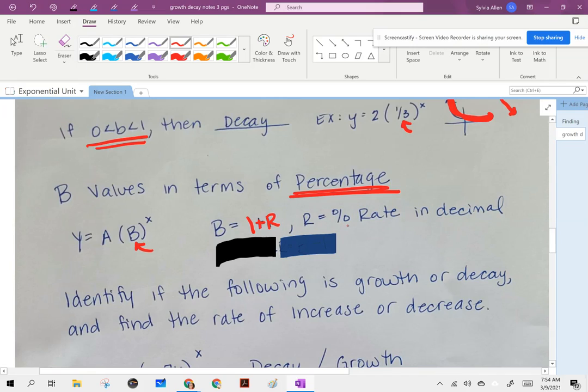So the rate is just the percent rate, and we want it in decimal form. All right. So the way that we're going to do that is either you could look at B as 1 plus the rate, or you could solve for R, subtract 1 to both sides, and get the rate as the base minus 1. So these are equivalent expressions.